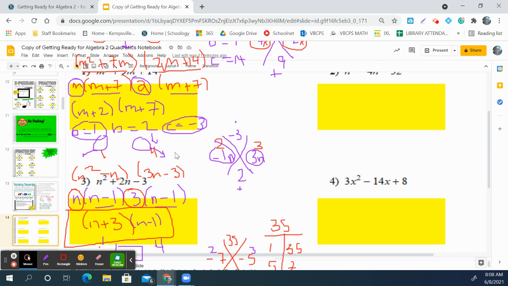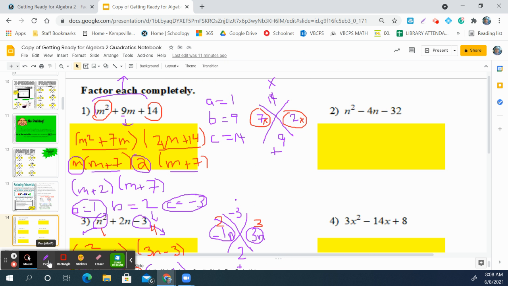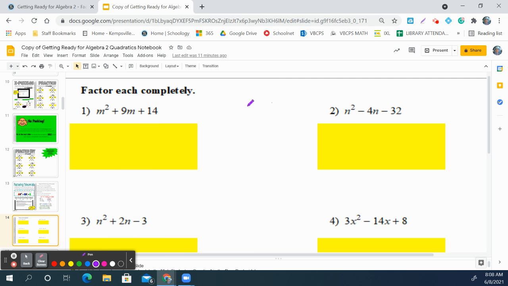Not going well? Well, after the X, she's putting it into the thing. Okay, so let me erase this and let's talk about it. So what did we put into the X for number 2? What goes in the top of the X? So 1 times negative 32 goes at the top.